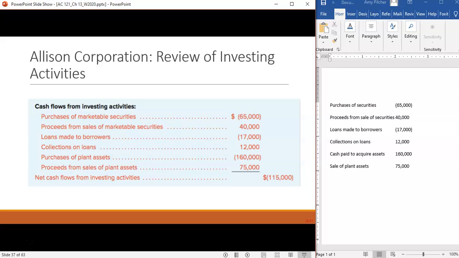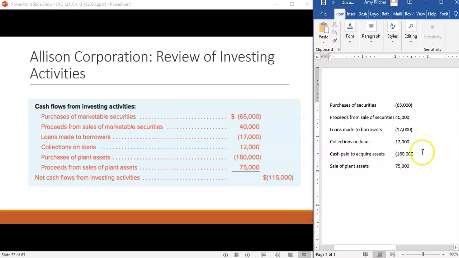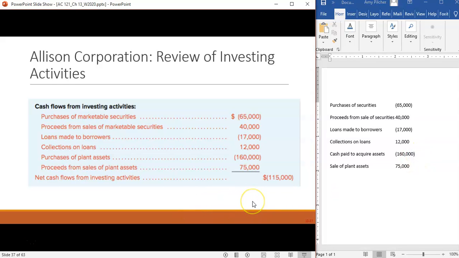So we see our review of investing activities. When we add all these together, our net cash flow from investing activities is a negative $115,000. Put parentheses around the 160 because that's an outflow also. It is not uncommon for this portion of the statement of cash flows to have a negative amount.